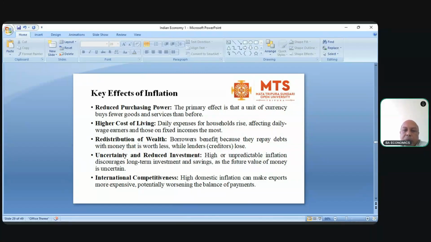So borrowers will be gainers and lenders will be losers. Lenders means those people who provide loans, that is, creditors. They will be losers.